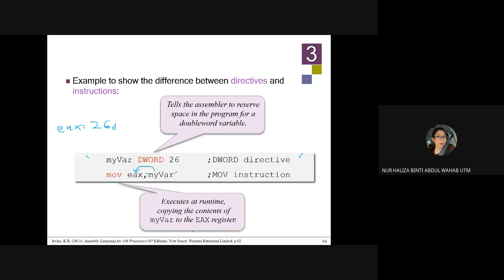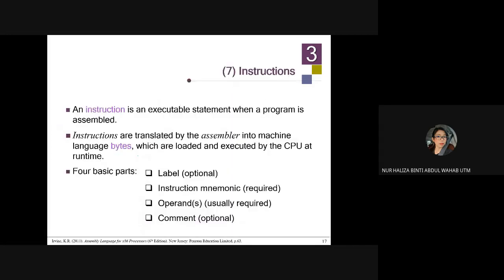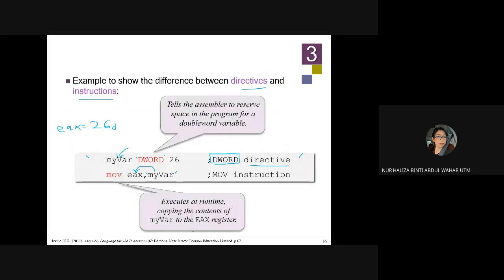So this one is a directive. A directive is the one that you use to assign how many spaces you have for your MyVar. So this is an example under your directive and instruction.